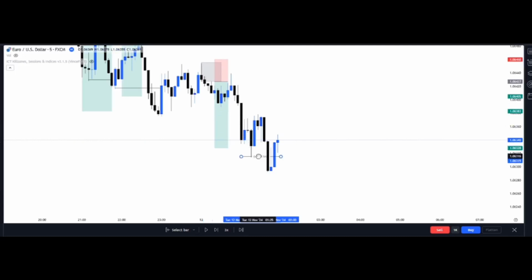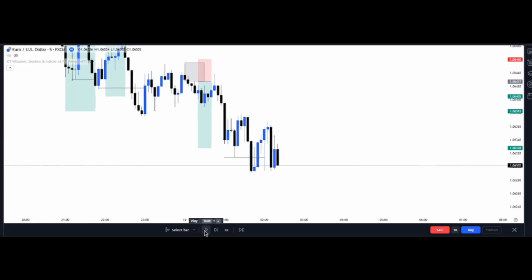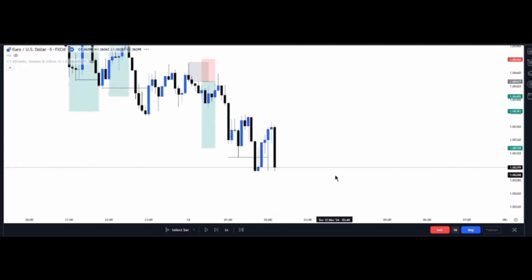We have another low here. Okay, but it took it out with a candle closure, so we need to wait for that confirmation. Let's continue and see whether we'll find confirmation. Now, there was a confirmation here. We went too far. Let me take it out from here.